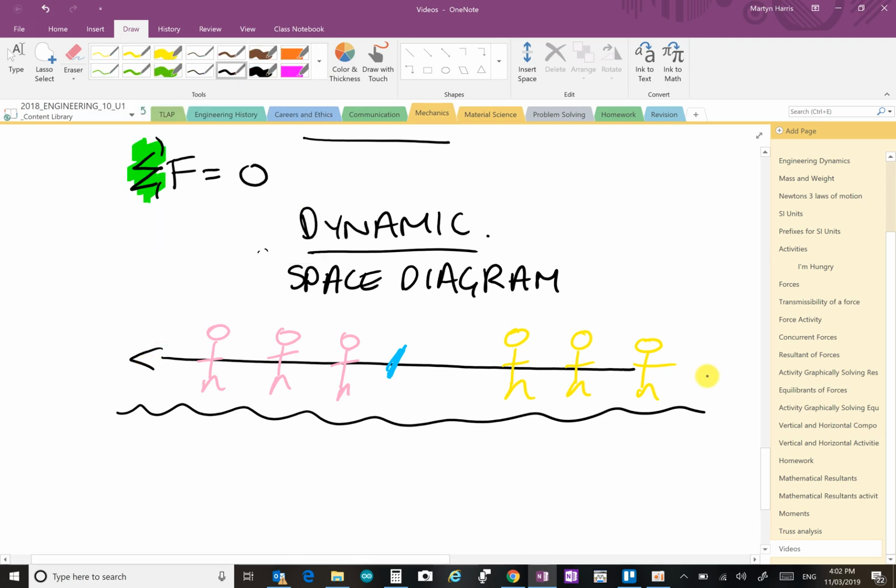And these guys are pulling in this direction, and these guys are pulling in this direction. So this first pink guy, his name's Bob, and he's pulling in the left-hand direction at 200 newtons, and Mary, she's pulling at 300, and Francine, she's pulling at 500.